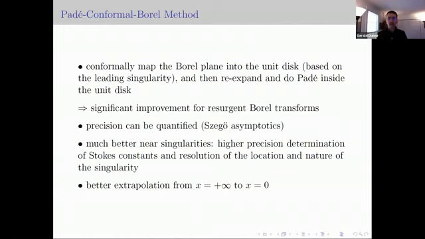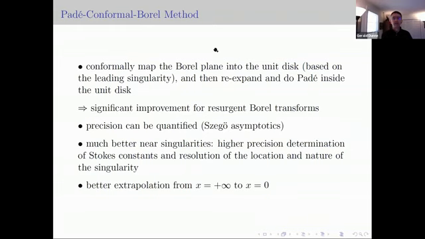Re-expand, and now do Pade inside the unit disk. So it's very simple, but it leads to an amazing improvement in the precision, which I will now quantify and show you some examples. And it's much, much better near the singularities, and that's why you get higher precision.